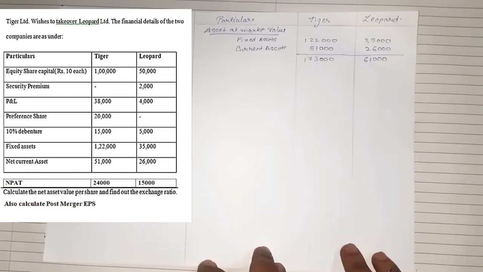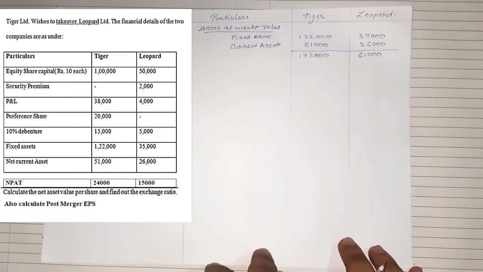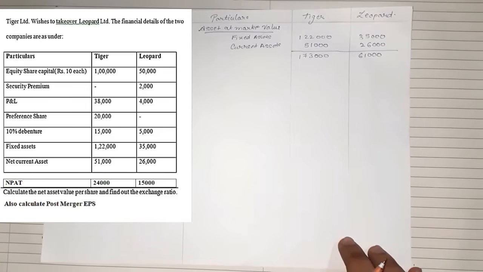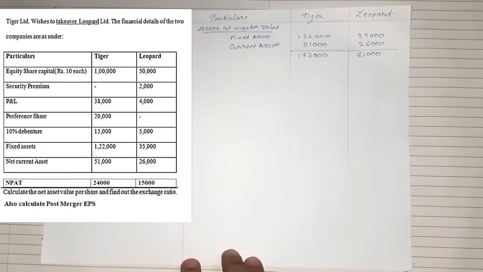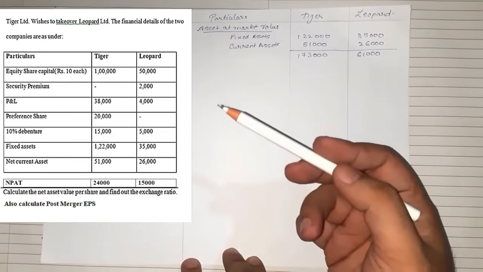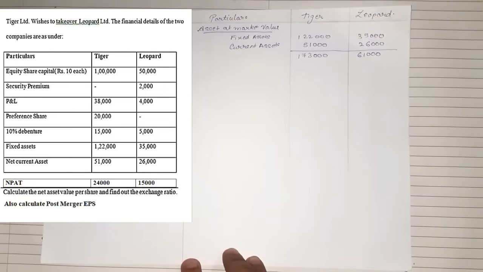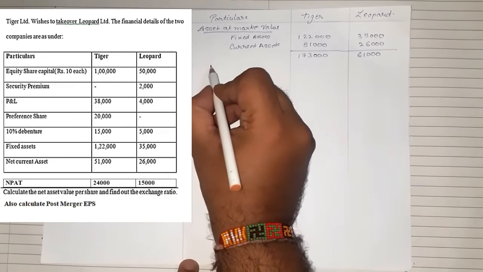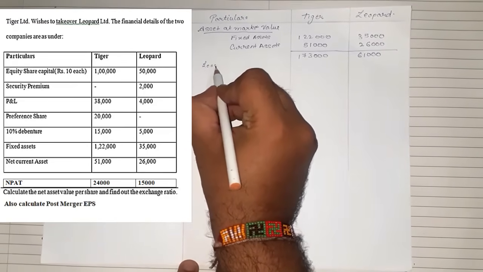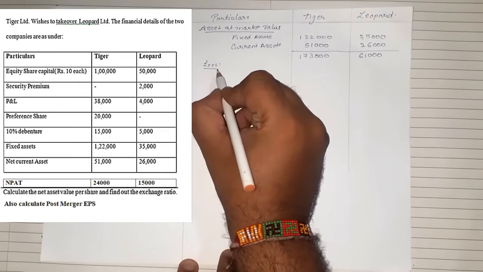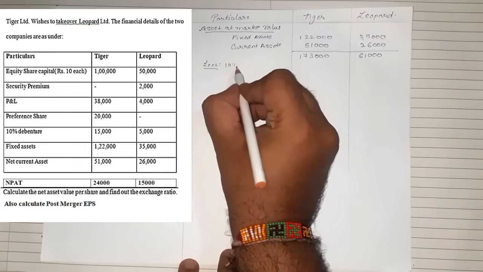Very simple. Once we note down this, the next step is we need to subtract all your outside liabilities and all the preference shares if there are any. If you look carefully, on the liability side we can see there are 10% debentures and also preference shares. So we have outside liabilities along with preference shares. Now I'll write the next thing as less. Under outside liability we'll directly write 10% debentures.